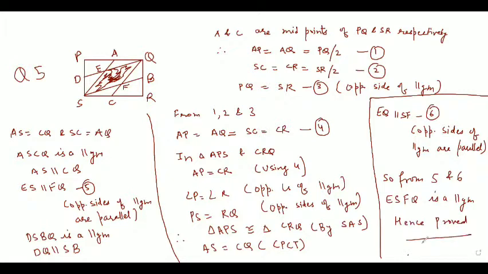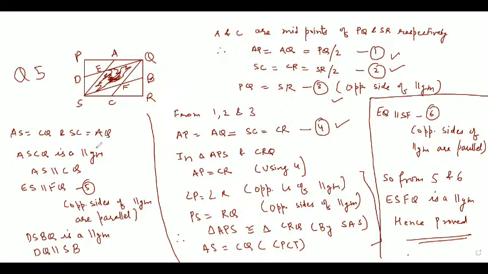So that was the whole question. First, we made our statements 1, 2, 3, 4, and by using 4 we proved AP equal to CR. Then we made the triangles congruent.